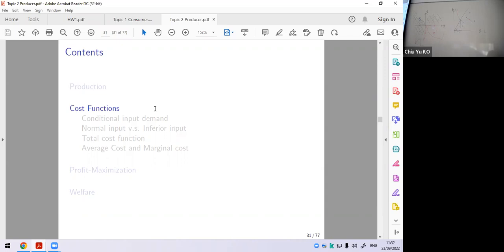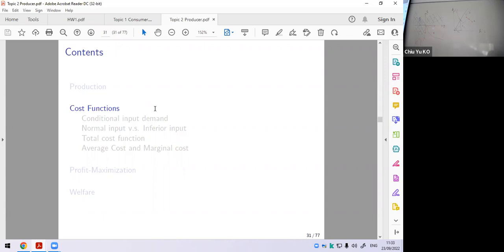The firm will take the input prices as given. Trying to see what kind of combination of inputs, based on technology, can minimize my production cost. Let me repeat the statement. The firm is facing the input market, right?